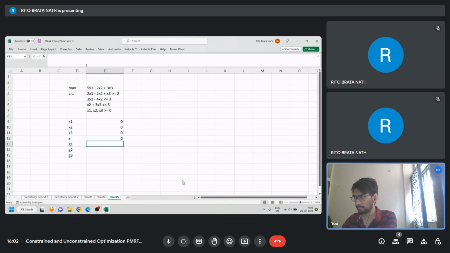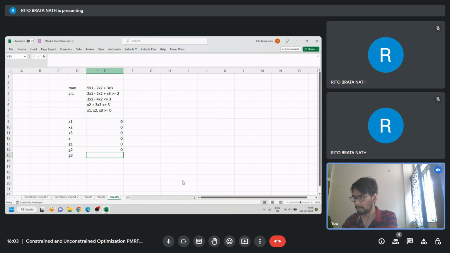Next one is 2x1 minus 2x2 plus x3. Then it's 3x1 minus 4x2.